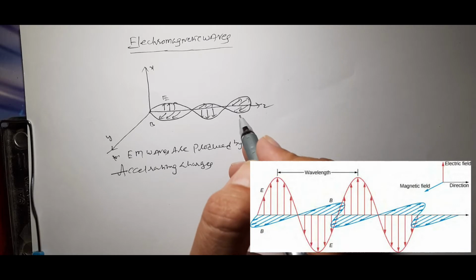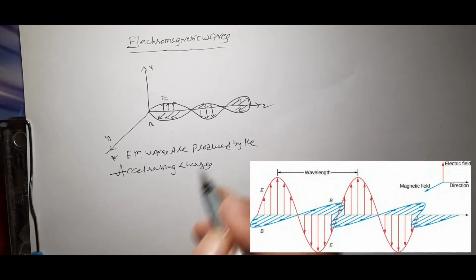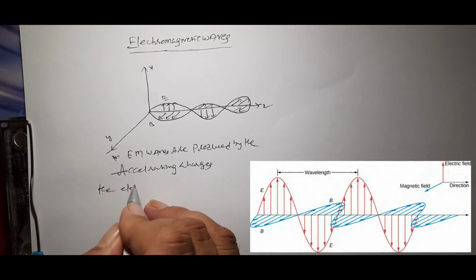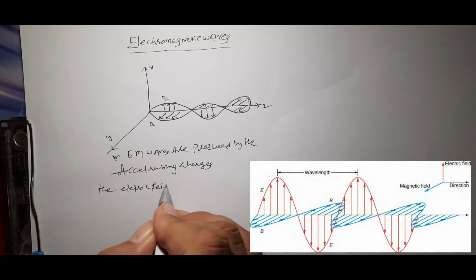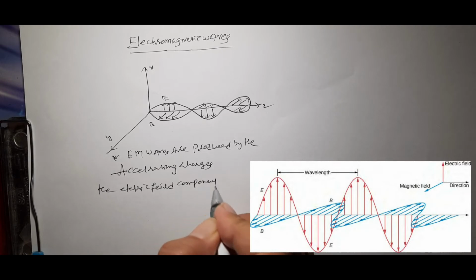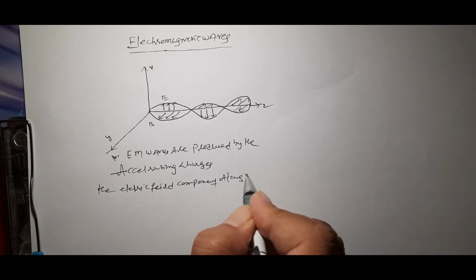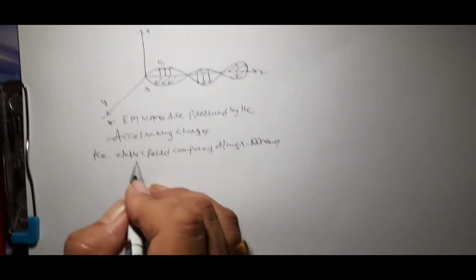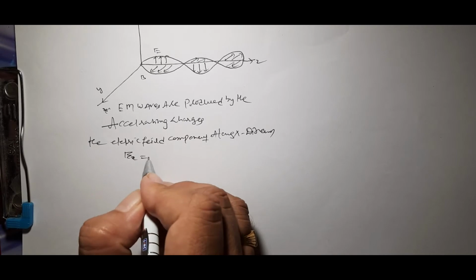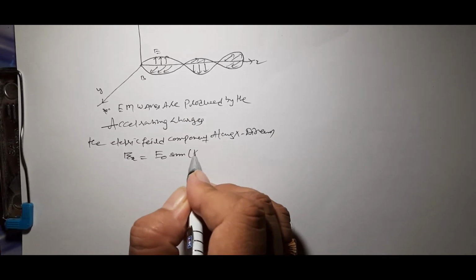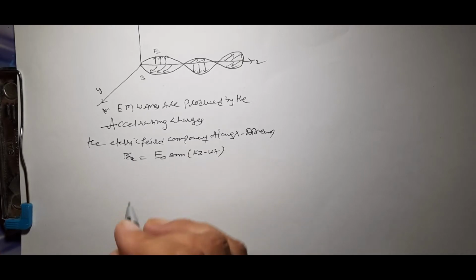So the electric field component along the x direction is indicated by Ex is equal to E naught sin(kz minus omega t).